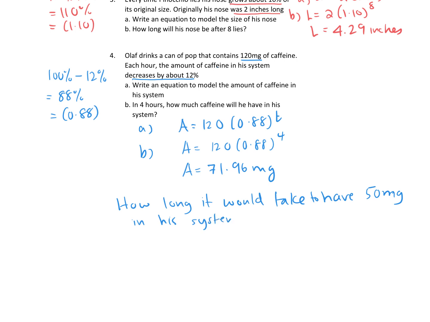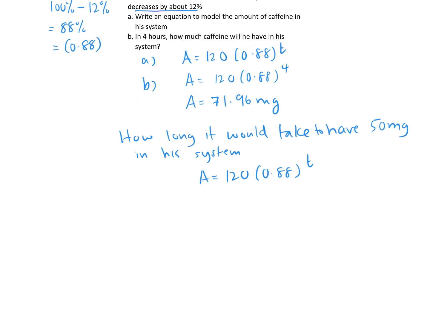So this time I want to figure out the time. So let's write the original equation. The original amount was 120 and it's reducing by 88%. So this time I want to know how long it would take to end up with 50. So we want to solve for T.